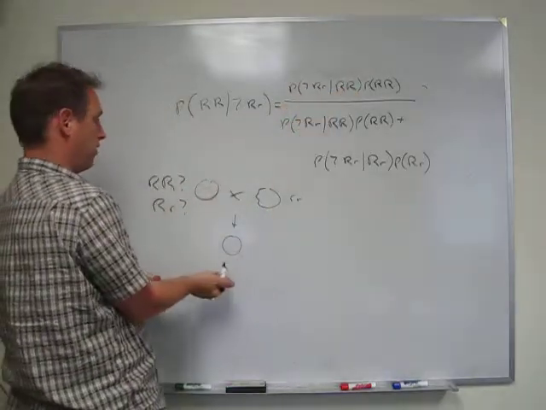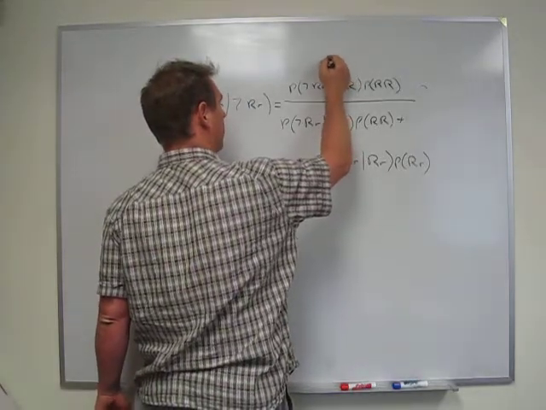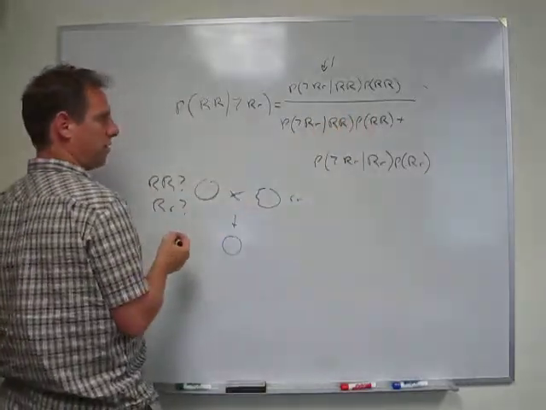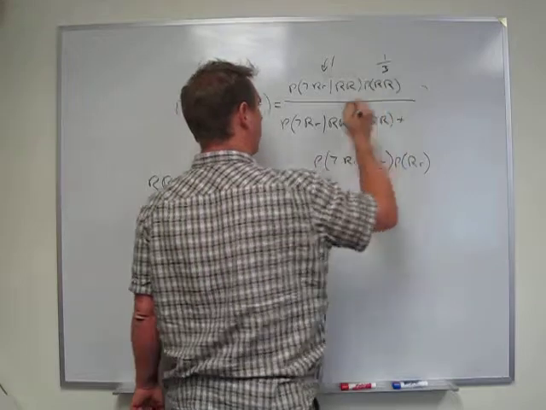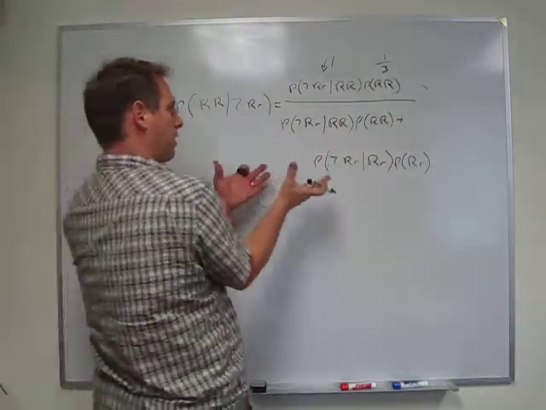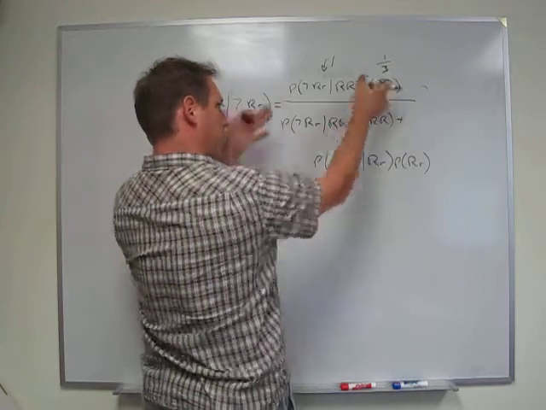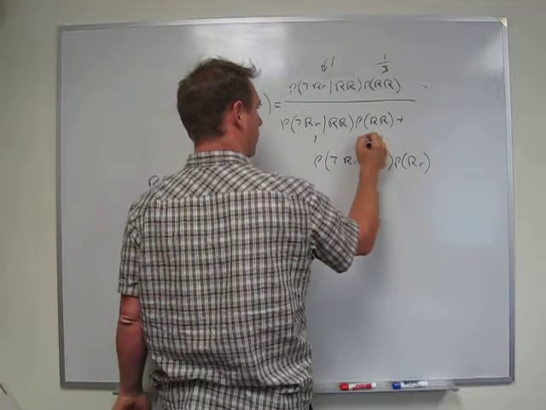Because it can only transmit big R alleles. So this is going to be equal to 1 right in here. And we already calculated that the probability that this individual is big R, big R is equal to a third. Now, if you notice, this is actually the same thing as up here. So this is 1, and this is a third.